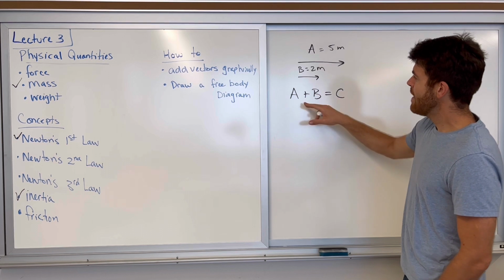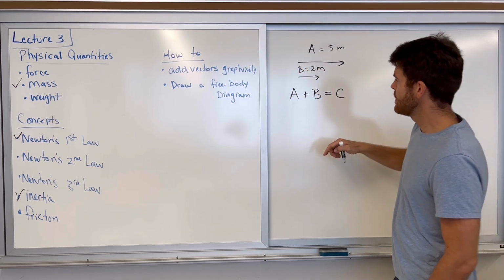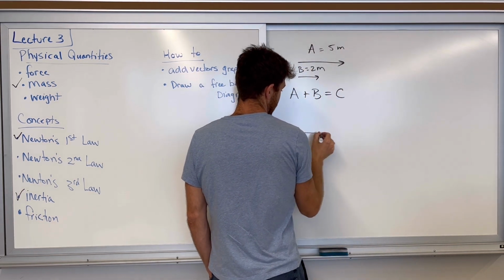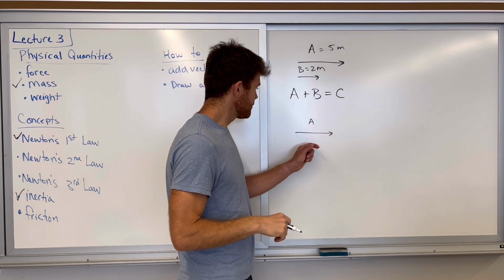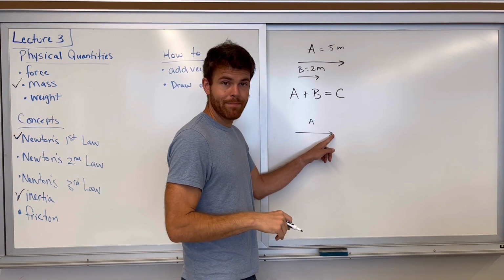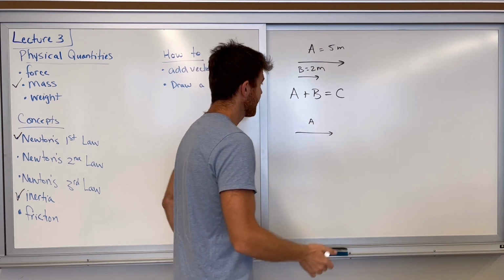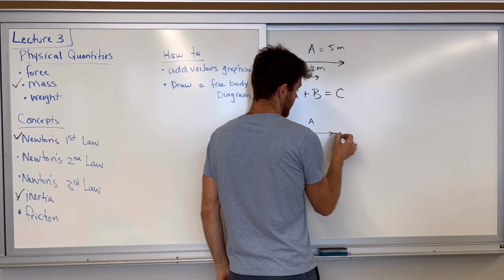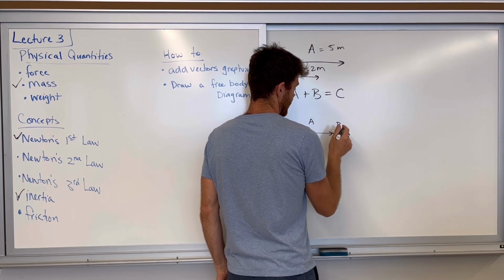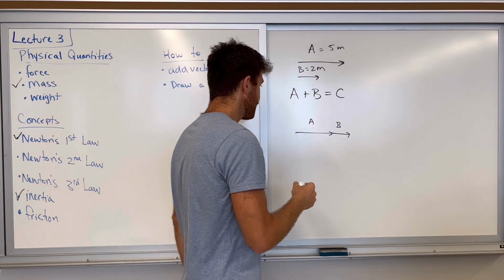Whenever we add vectors, we draw the first vector. So I'm going to draw vector A. And then where vector A ends, the tip of it, that's where I begin the next vector, B. So I put the tail of B at the tip of A, and I draw it. And so you add vectors tip to tail. You connect them together.